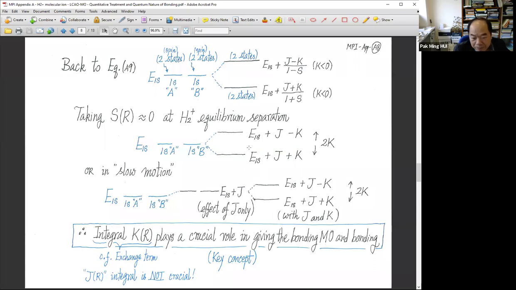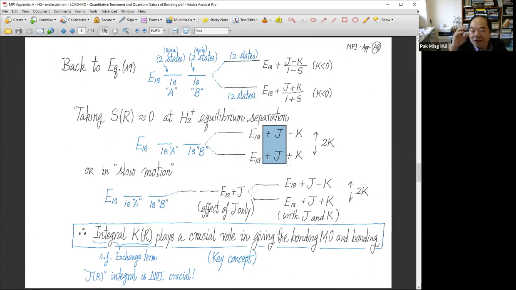Now you see, one energy, the lower one, is minus 13.6 plus whatever the J integral gives you plus the K integral. The other one is minus 13.6 plus J minus K. And that's the point I want to make. J is not the key business.